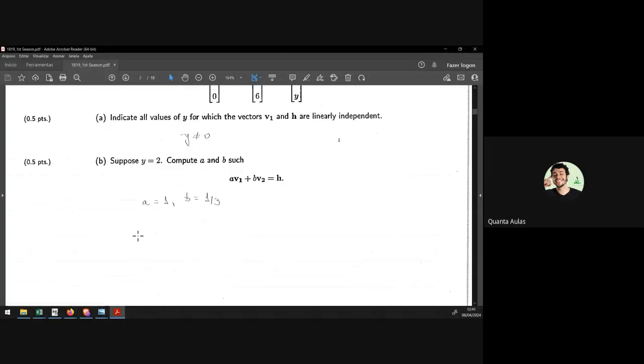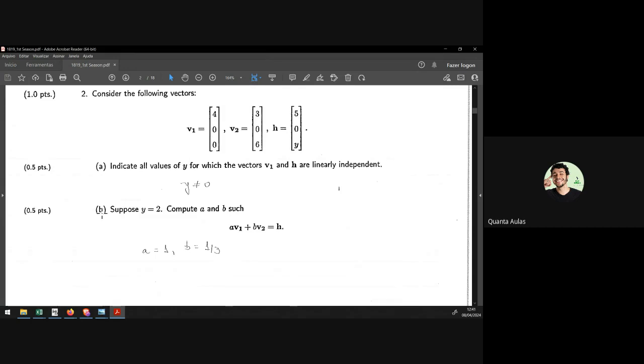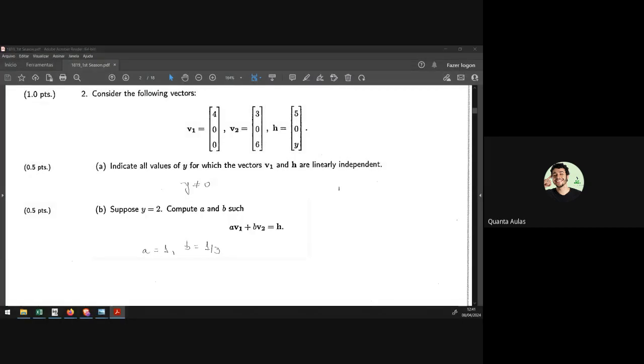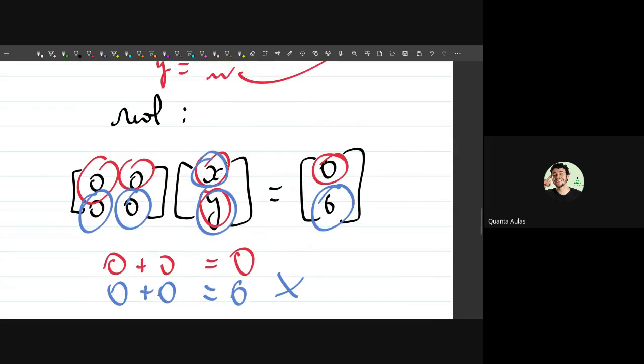Let's go to the other one too. Suppose y equals 2. It's not linearly independent. Compute a and b such that we have this equation here. So again, we need to solve a system of equations, right? Similar to the matrix one, the matrix we did here.